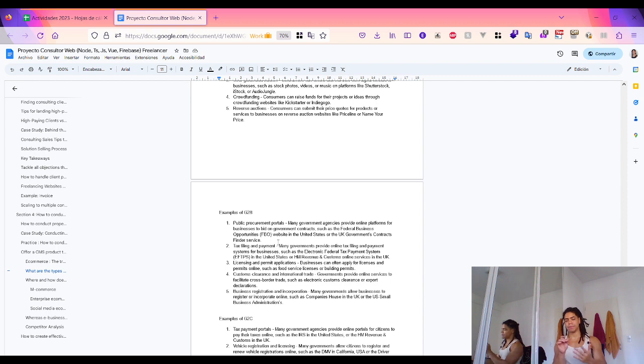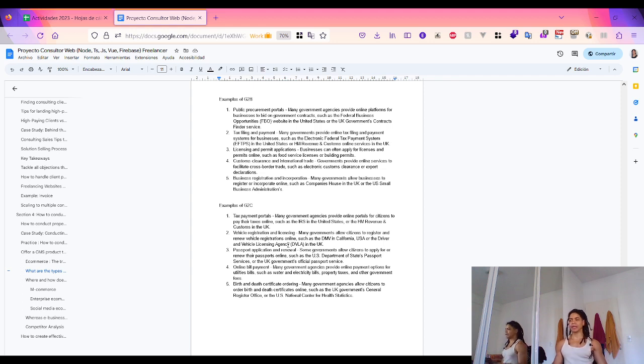Then business registration or incorporation. Many governments offer online platforms where businesses can register, such as the SBA, the Small Business Administration in the US, or Companies House in the UK.